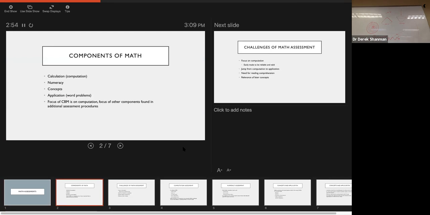All right. So when we are assessing math, we are talking about 4 major components of math. So we have calculation, and with that, we have computation. We have numeracy, we have concepts, and we have application. The only piece in there that I think is subjective at all is the concept of numeracy.